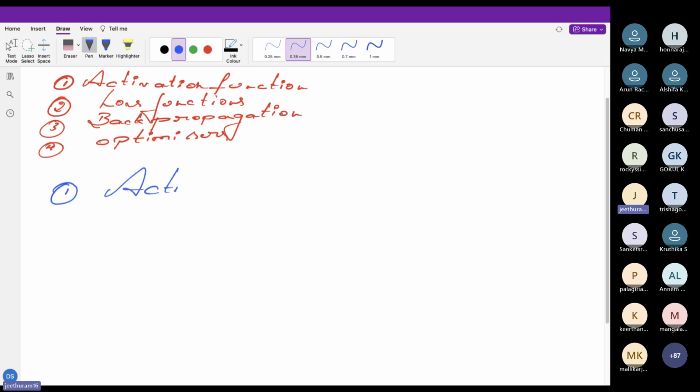Activation functions are used in the hidden layer as well as the output layer. So what is the role of an activation function? Very important interview question.